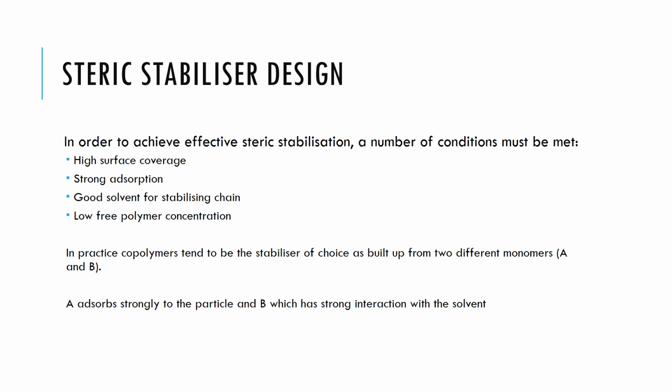You don't want the polymer to detach and float off into solution. The solvent you're using is important because you want the polymer chain to be stabilized, and you don't want much polymer in free solution. So in practice then, to go back to the examples that I showed you at the start here, copolymers are the best for this because they have two different types of monomer.